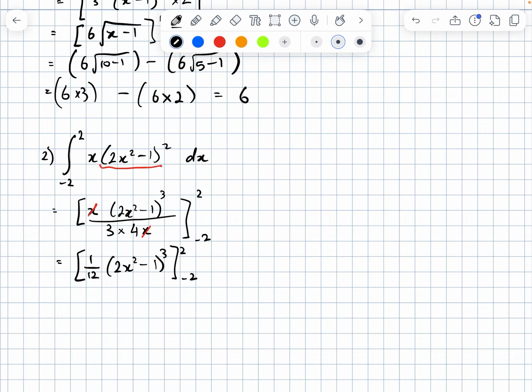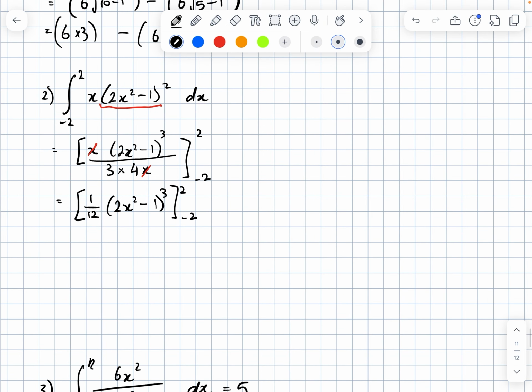I'm now going to substitute those limits in. You get 1/12 times 2 times 2 squared minus 1, all to the power 3, minus 1/12 times 2 times negative 2 squared minus 1 to the power 3.